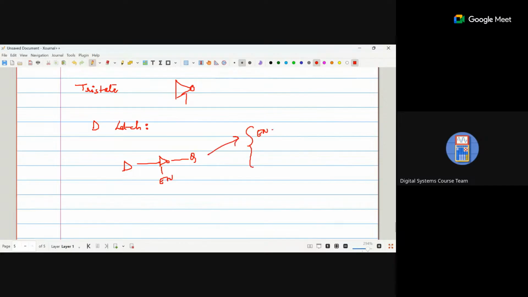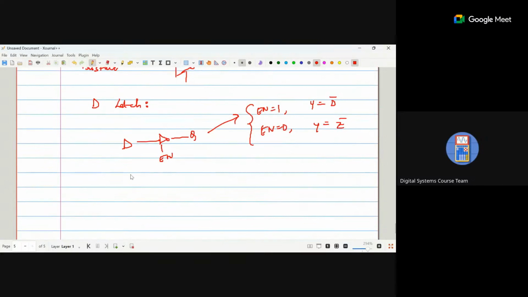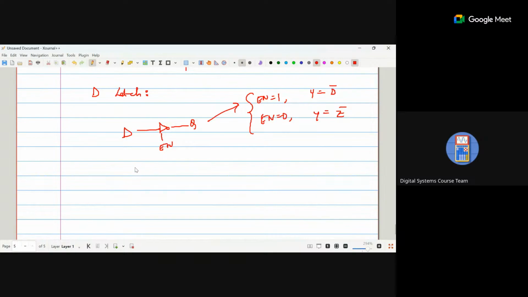When the enable is 1, you will get your Y as D bar. And when your enable is equal to 0, your Y will become high impedance. Floated, basically the output is floated. So this is the main way you will use a tri-state to construct the latch.